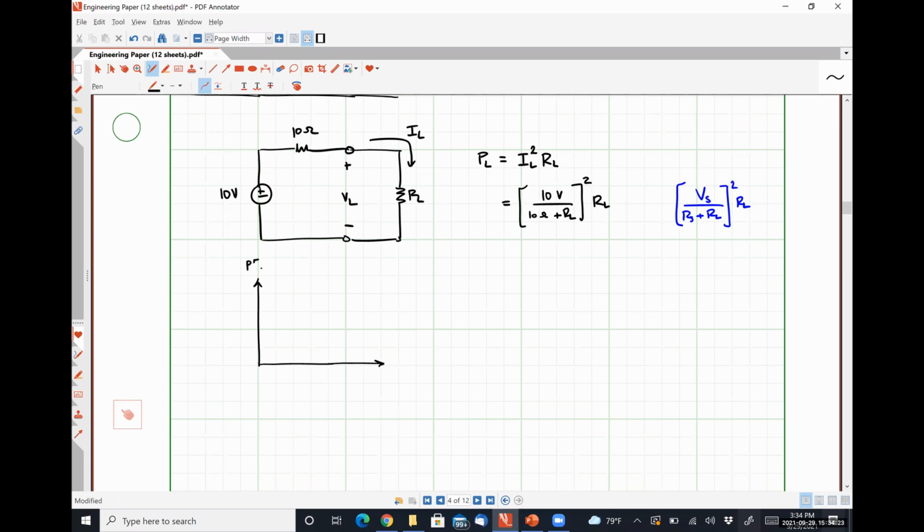So this is our power measured in watts as a function of load resistance measured in ohms.